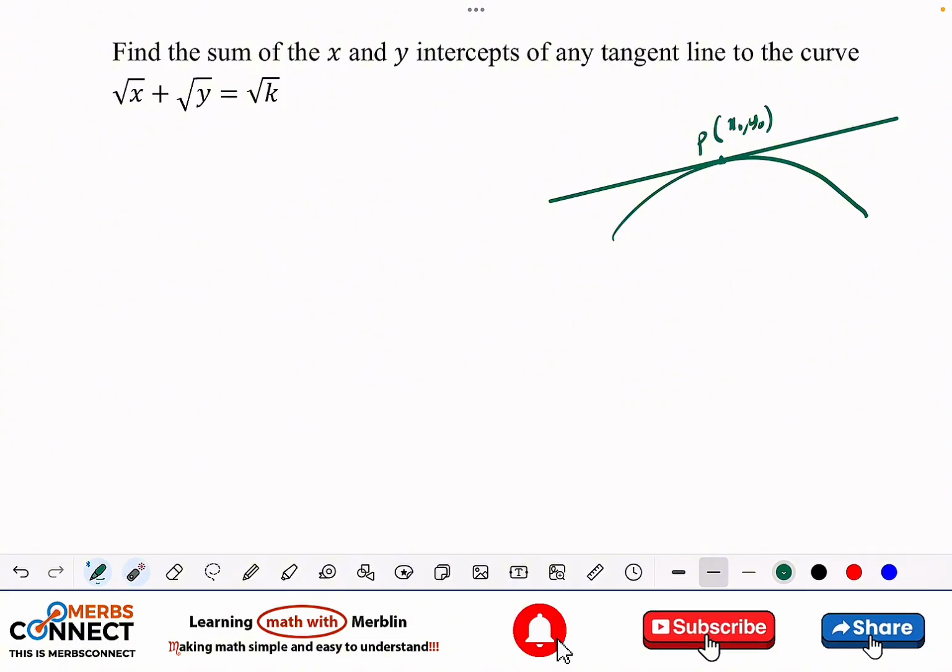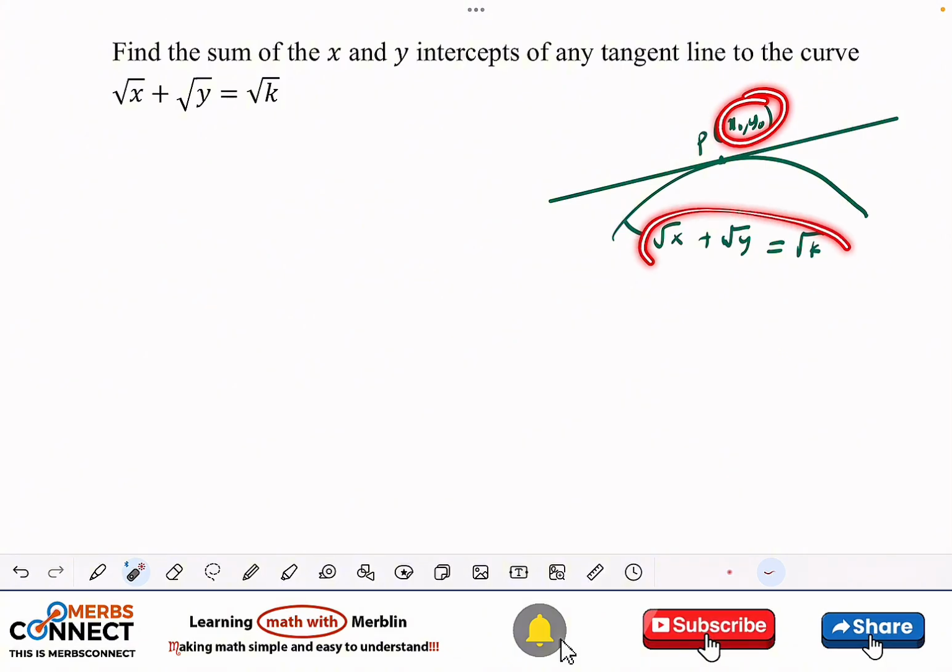So if we are having the point, and remember, since this is intercepting this line here, root x plus root y equals root k. When we say something is intercepting, then we can assume solving it simultaneously. So it means that we can plug in the point inside this.